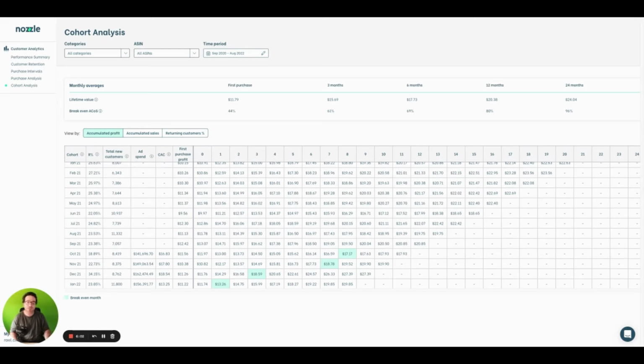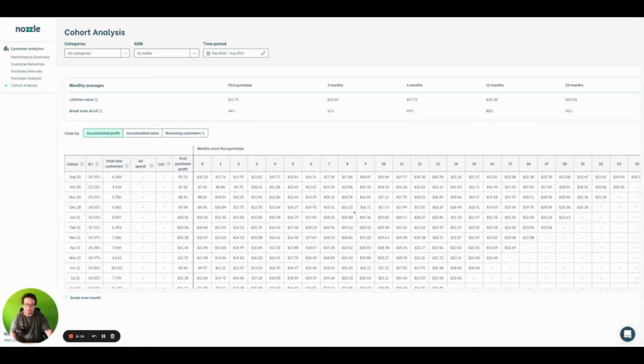And so you can start asking questions like, are my earlier customers more or less valuable than my newer customers at the same point in time? So let's say after 6 months, the early adopters or the early cohorts are roughly worth, let's call it, about $14.50, $15.